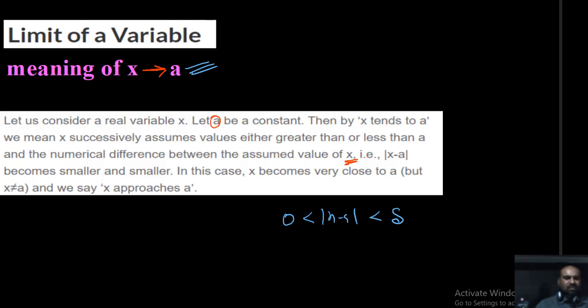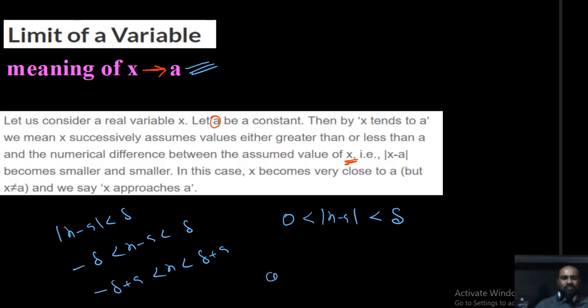Actually modulus of x minus a less than delta means minus delta less than x minus a less than delta. Or in other words, minus delta plus a less than x less than delta plus a. Or in other words, a minus delta less than x less than a plus delta.